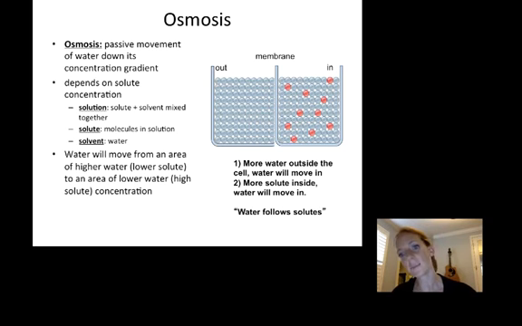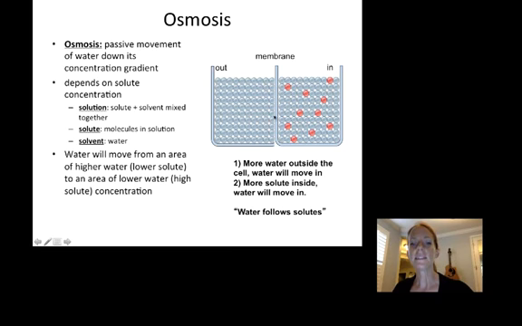If we just look at osmosis from the perspective of water, water moves from areas of high water to areas of low water. So water will move, just like any other molecule, from high to low. So in this example, we have pure water here, and then water with a solute inside. Let's say this is sodium chloride or salt.